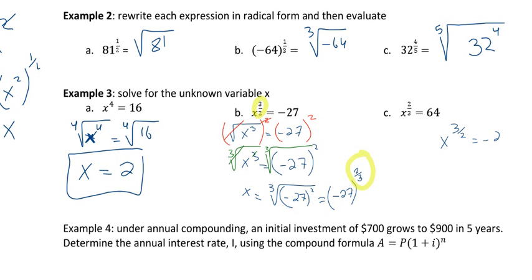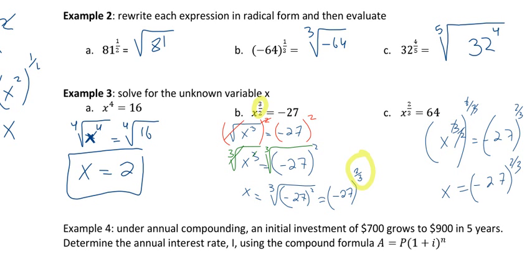All I have to do is raise this to the power of 2 over 3, and raise this to the power of 2 over 3, because whatever I do to one side, I have to do to the other. These are going to cancel, so I'm going to be left with x equals negative 27 to the power of 2 over 3. Is that the same answer I ended up with? Yes. So instead of doing it step by step, I went right away to the answer.